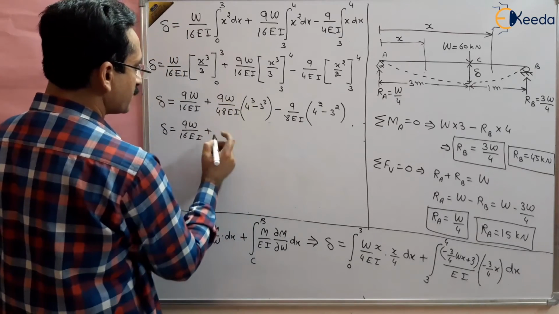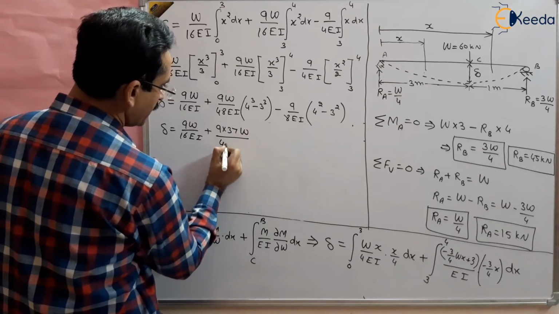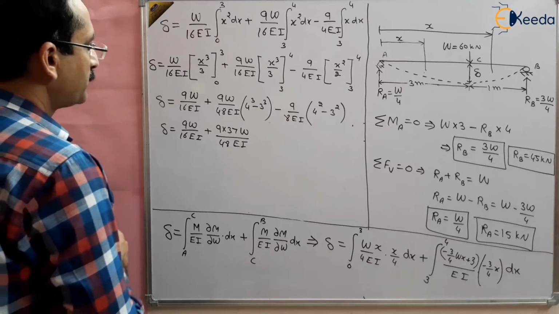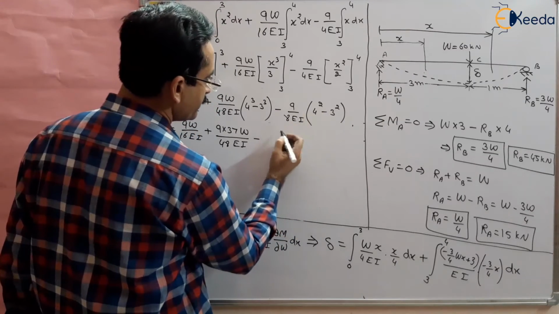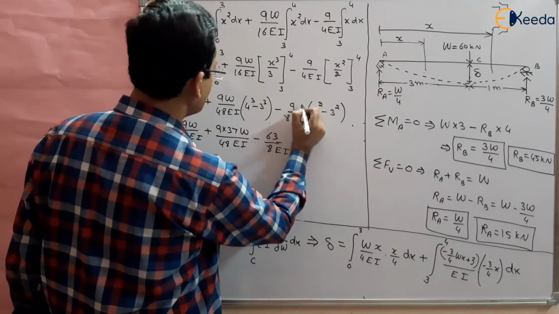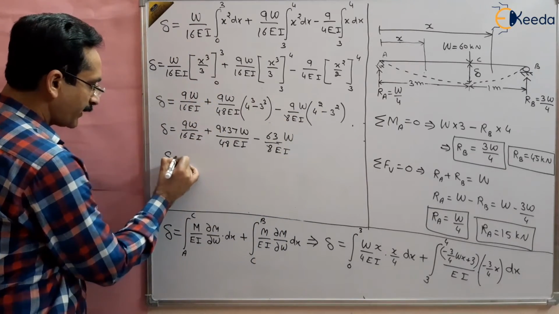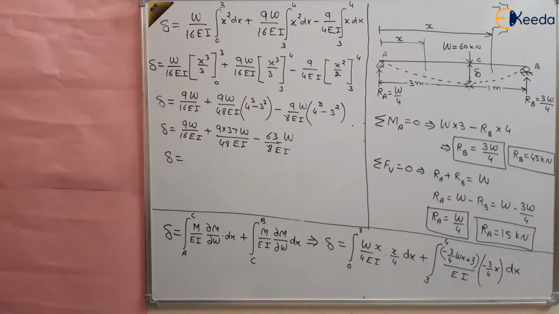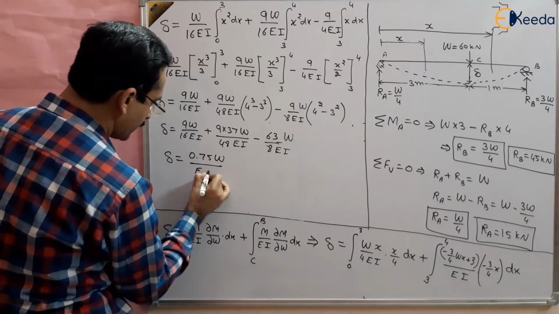So 9 multiplied by 37W/48 EI, minus, 16 minus 9 is 7, 63/8 EI, and there is W also, right? So this we are getting. Solve it and finally you will get the answer as, so I am writing the final result now, 0.75 W/EI. Solving it you will get this value.